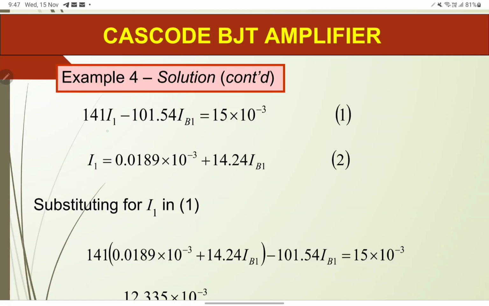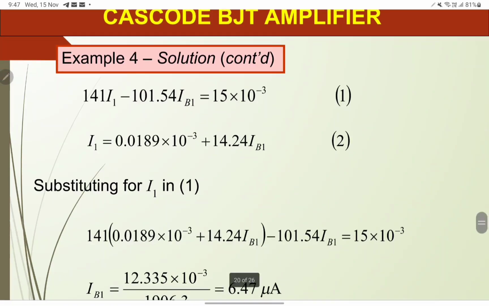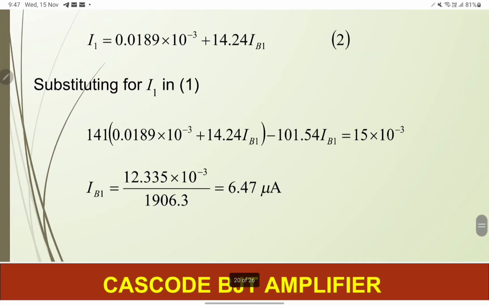The equation 1 we have found previously is 101 I1 minus 101.54 IB1 equal to 50 milli. So now we replace the I1 that we just got into equation 1. Then after that you rearrange, and then you get IB equal to 6.47 microampere.